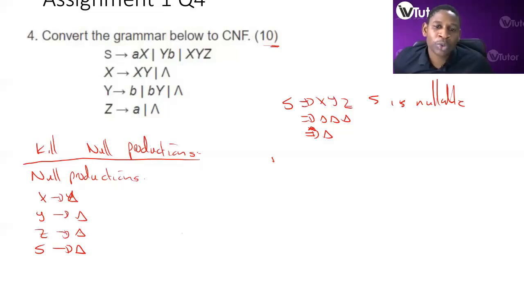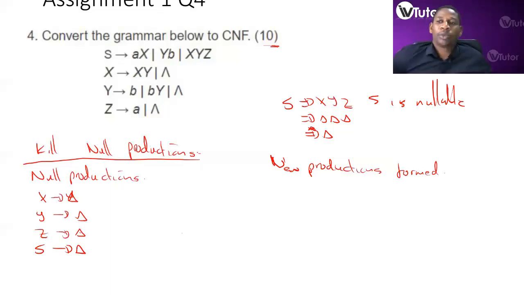The new productions formed. Number 1, S goes to AX, so we've got S goes to A. S goes to YB, we've got S goes to B. S goes to XYZ, if X goes to null, we remain with YZ.